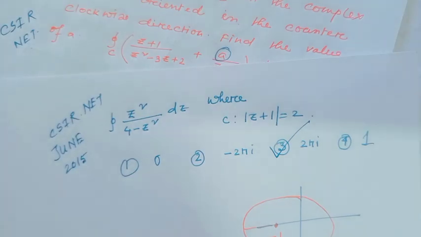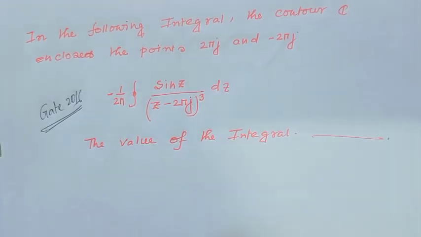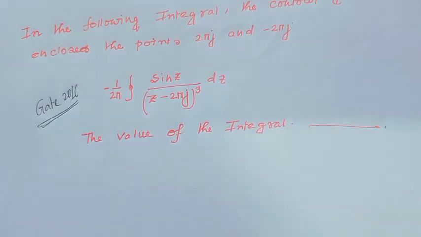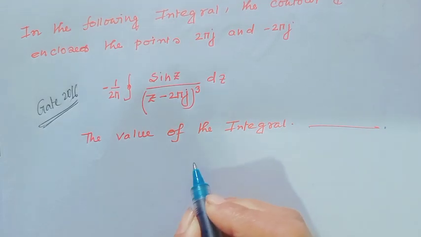I hope all my viewers have understood Cauchy's integral theorem. Next question: in the following integral the contour C encloses the points 2 pi j and minus 2 pi j. The value of the integration minus 1 over 2 pi, sin z over z minus 2 pi j to the power 3, dz, then the value of the integral is, use the generalized Cauchy integral formula.